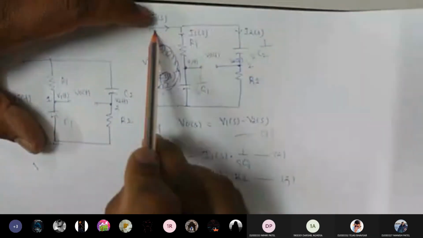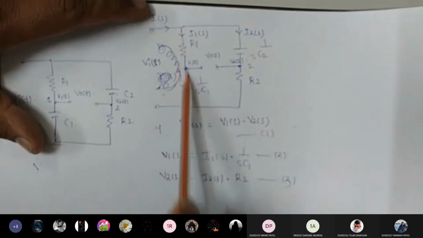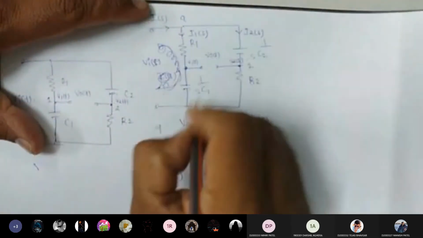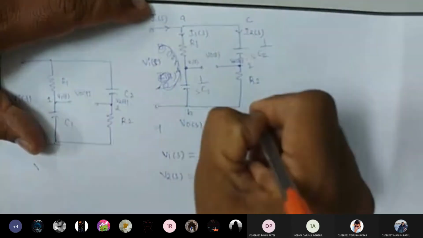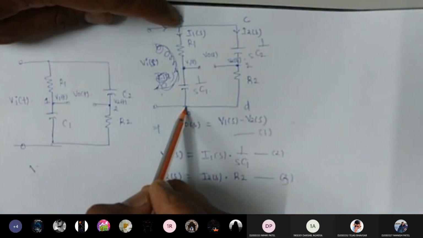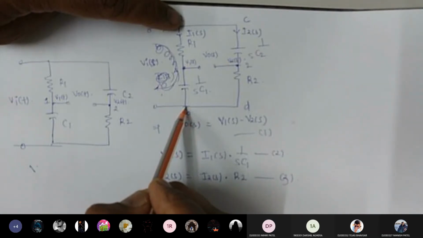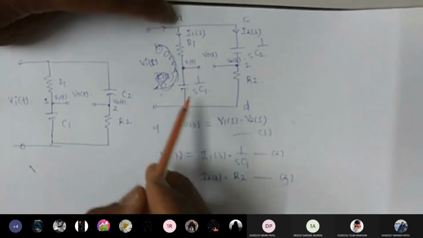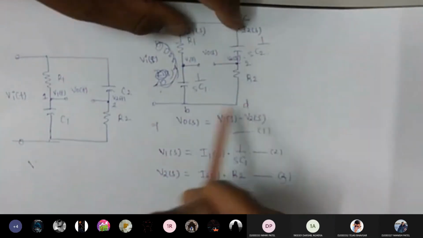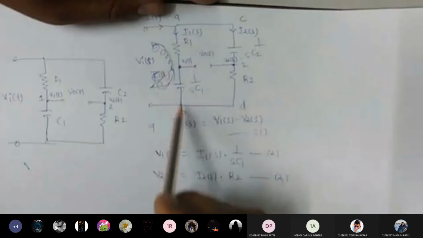Now it is your parallel circuit. Here it is parallel, and this is parallel, from point A to point B and point C to point D. How much is the voltage between point A and B?